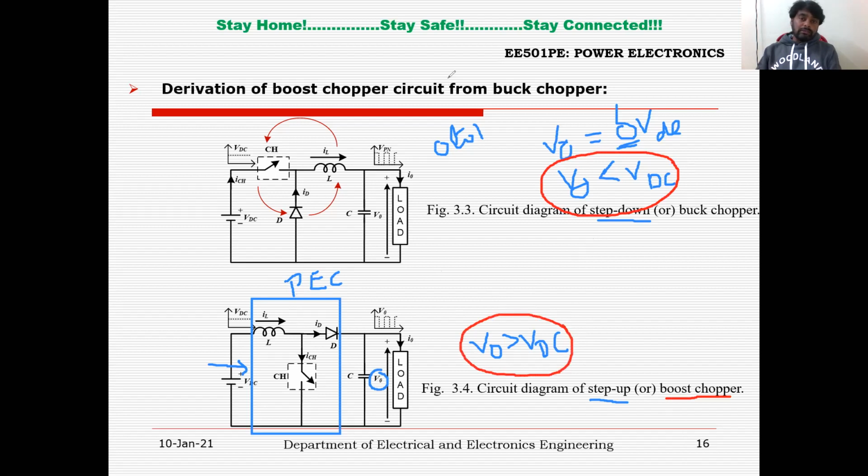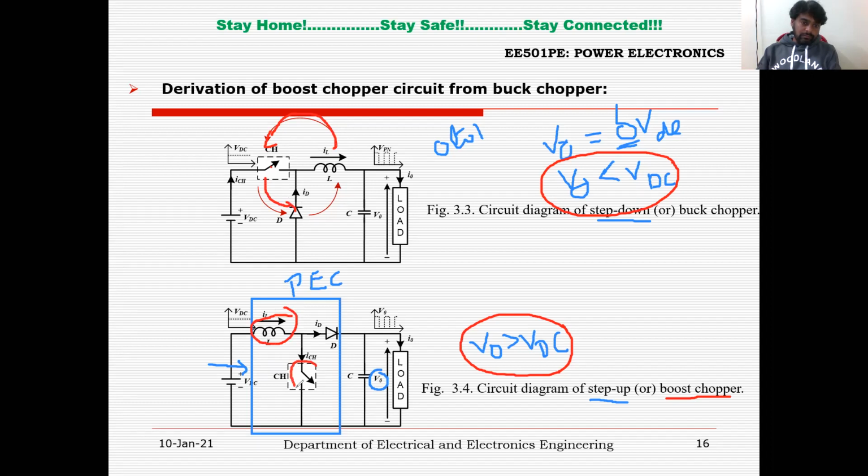Before that, we'll see how this power converter is derived, that is, how the boost converter is derived from the buck converter. If you rotate the elements in the power converter in anti-clockwise fashion, we get the circuit configuration for the boost converter. Now the chopper is replaced with the inductor, and the diode is replaced with the chopper.